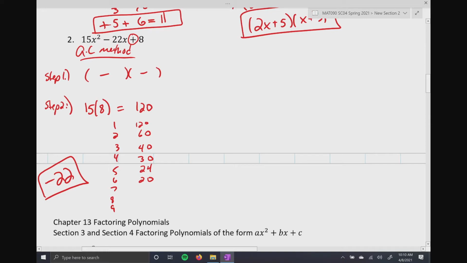Does 7 work? Didn't try. Doesn't look like it. What about 8? And 9, I don't think works. Nope. All right. Now remember, we're looking for negative 22.